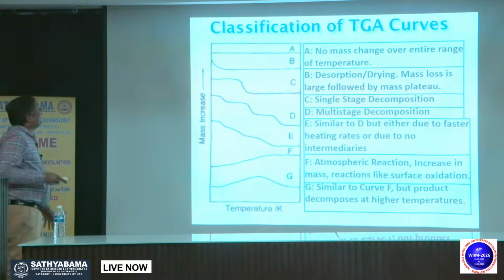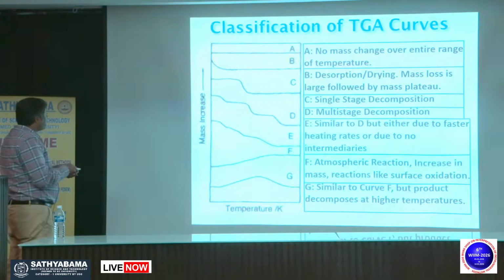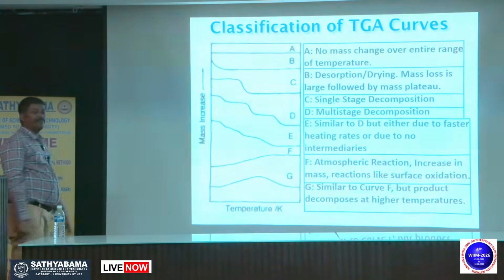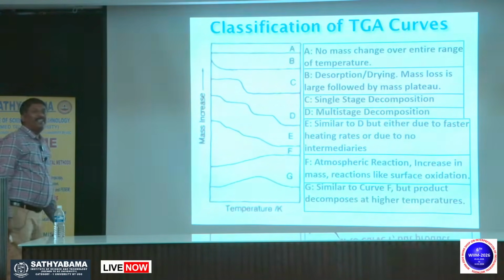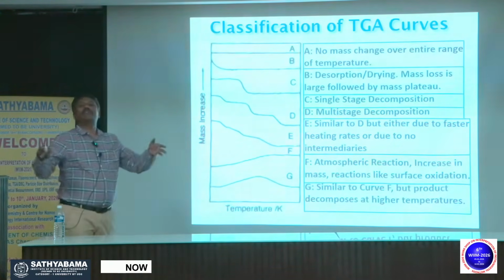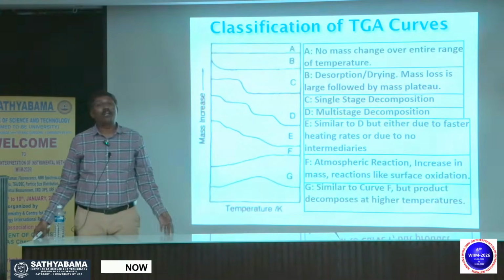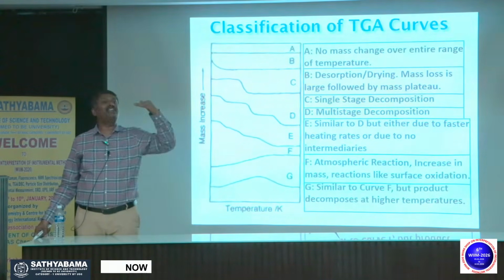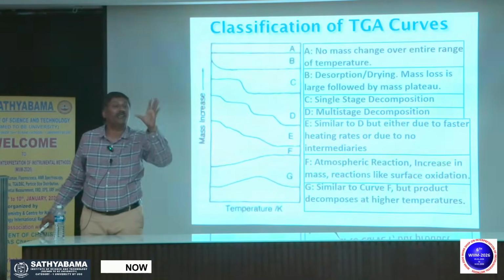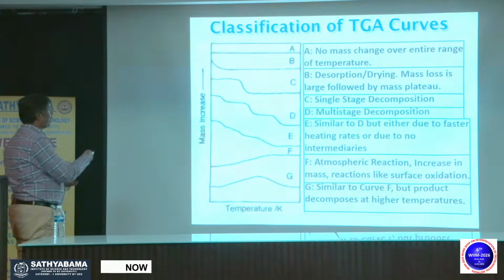Now you see D. Stable, reduced, stable, reduced, stable, reduced, stable. It's a multi-stage decomposition, might be mixture of many things. Or if it is a pure component, at each stage something is getting released with the huge mass. We will take one example of that.